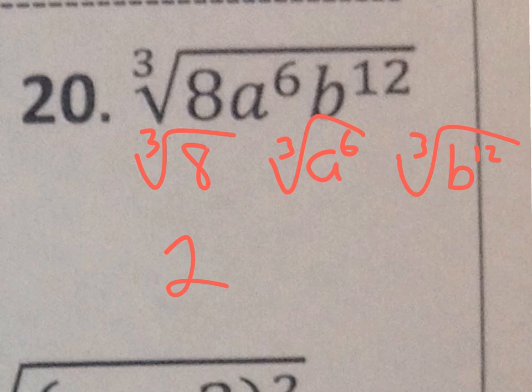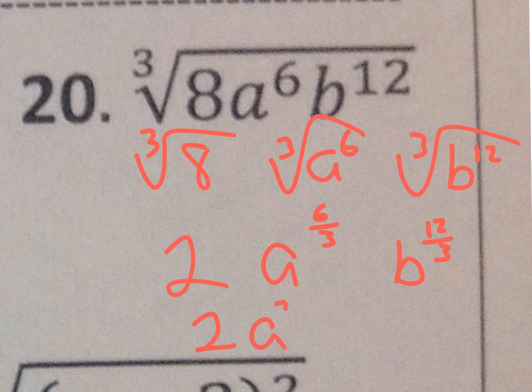The 3rd root of a to the 6th really becomes a. And remember, it's going to be a power over a root. So it's going to be 6 over 3. And the last one's going to be b to the power over the root, 12 over 3. So your final answer here is 2 a to the 2nd, b to the 4th.